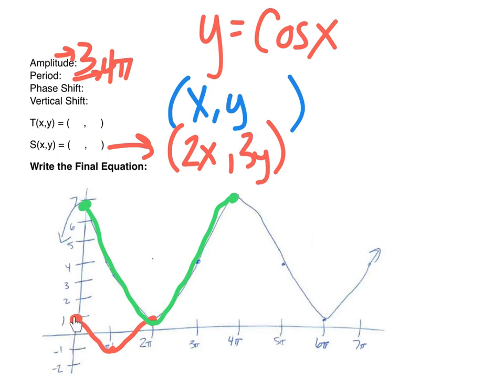So keep in mind the parent function is normally here. So what I do here to really do the vertical stretch properly is I look at this parent function and I take it from the amplitude of 1 and I adjust it to 3. So watch this. If I just look at the parent and if I adjust it to 3, it's going to look something like that. So this is actually the amplitude stretch happening right here.